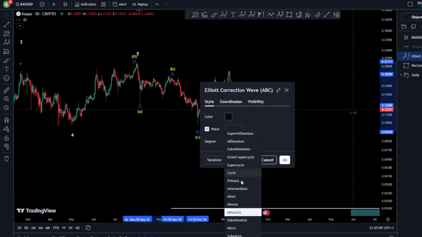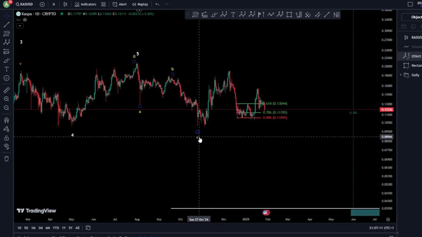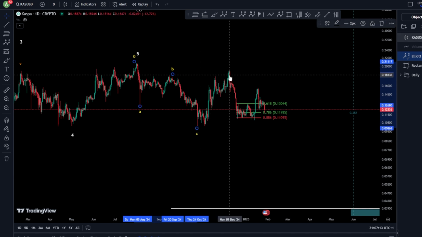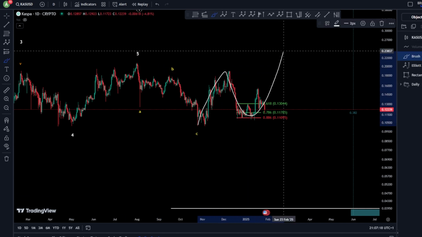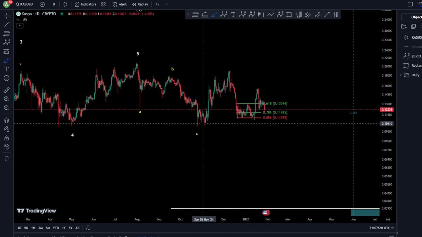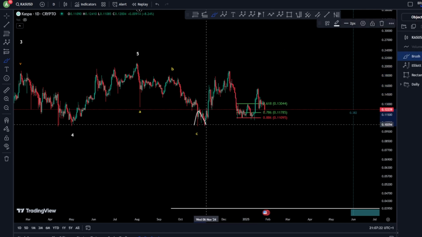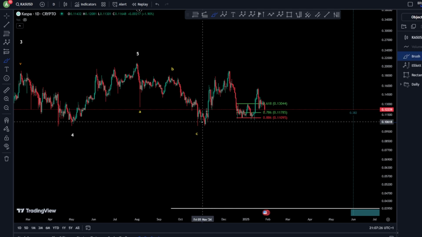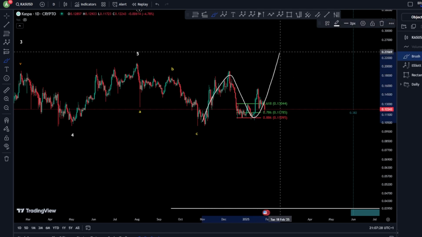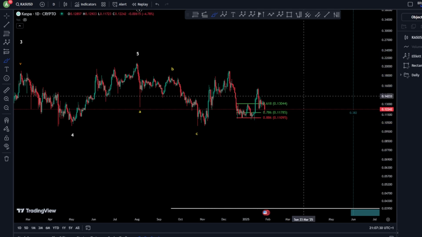Here we go, it's even lower. Now, we saw an impulse toward the upside, meaning probably we're getting a kind of zigzag, maybe W, X, and a Y, because this looks also very choppy. I would suggest here that we might have one more wave up and then continuation to the downside.